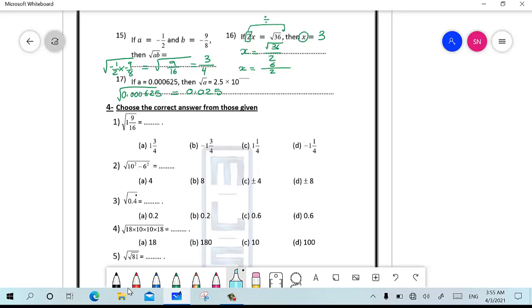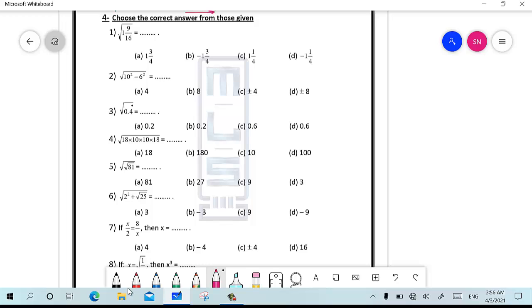As we can see here, he wants it in the standard form. So to put it in the standard or scientific form, I know that a should be greater than or equal to 1 and less than 10. I'm going to move my decimal 1, 2. Since I moved my decimal to the right, then I'm going to have a negative power. So this is going to be equal to 2.5 times 10 raised to the power of negative 2.